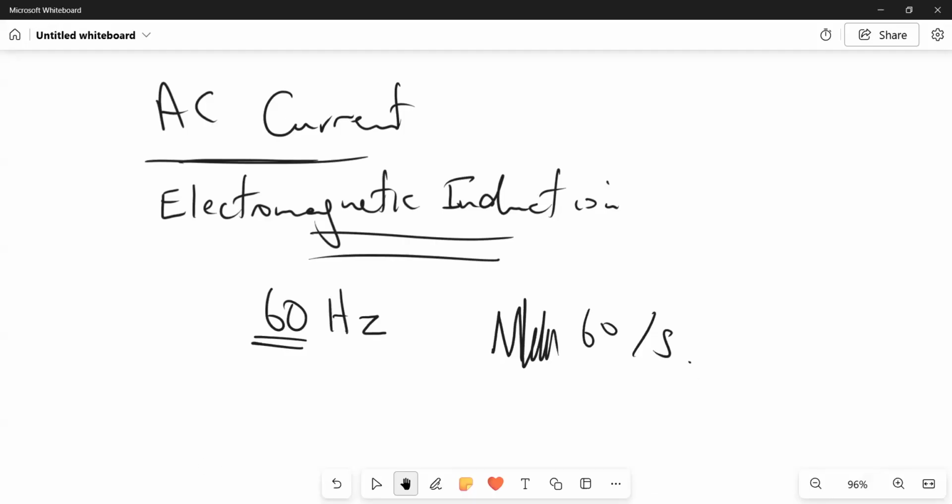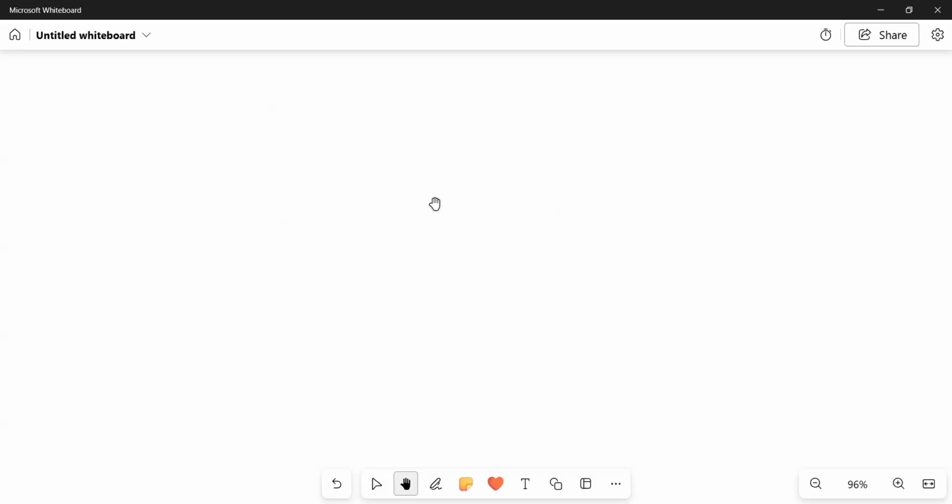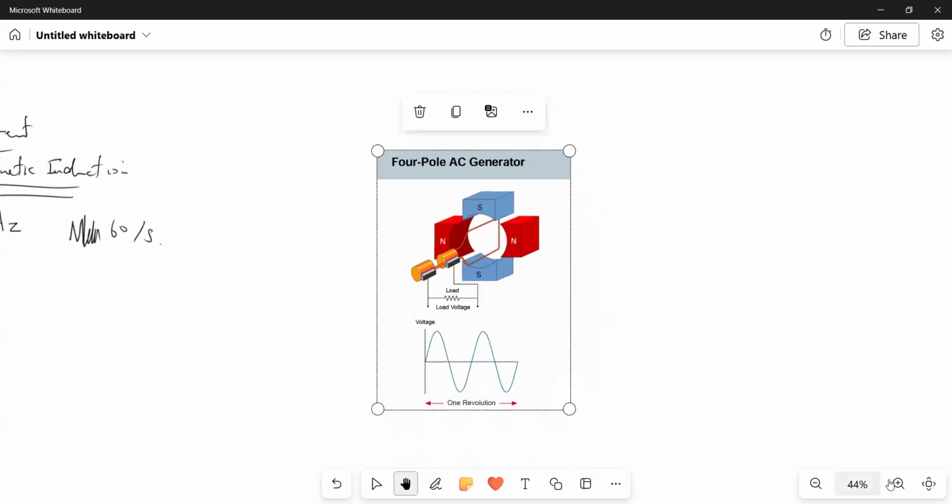And how that is created, I want to see if, all right. They have a generator here. Let me see if I can just pull it in. They call it a 4-pole. Yeah, this is it here.